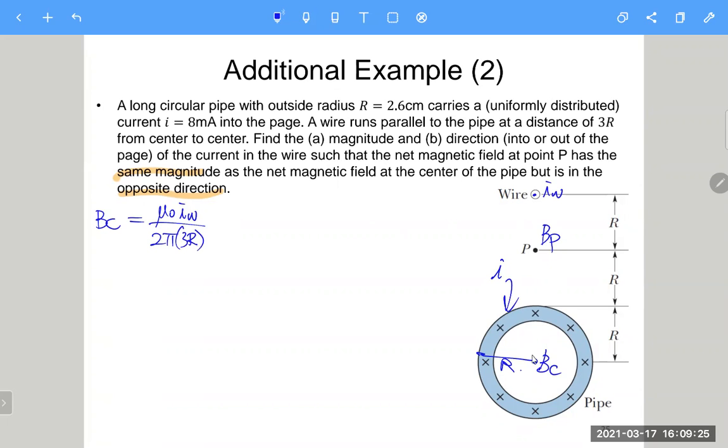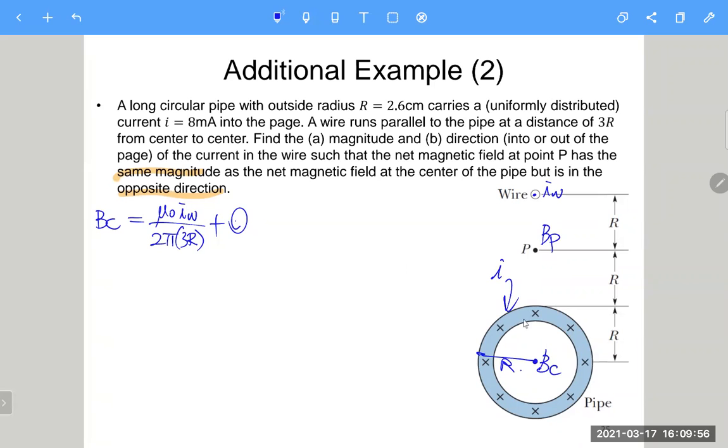So this is the part of the magnetic field generated by the wire. And for the one generated by this hollow pipe, this should be 0. You can simply apply an Ampere loop here, assume the radius is very, very small, and it encloses nothing.